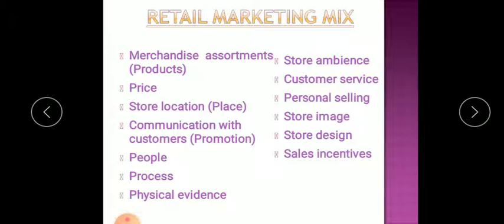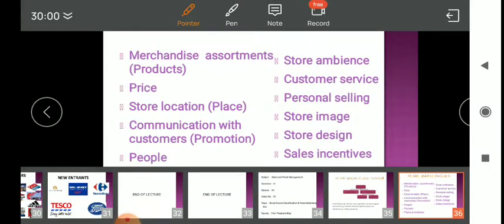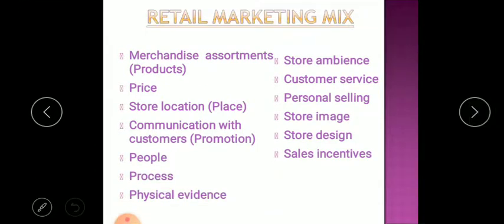These are the two distinguishing features of retail outlets in this case. That is why services are given a very important place in retail marketing, and that is why we have 7 P's in the retail marketing mix.